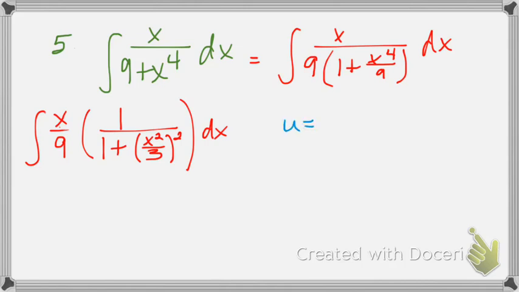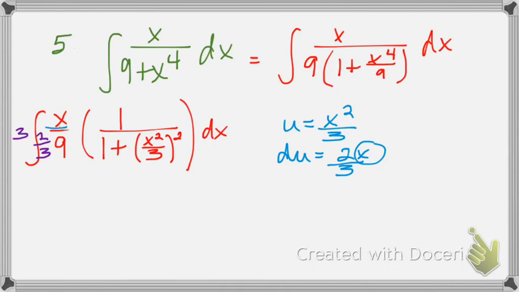We do that u substitution again. Here's where that x is important. You see that x there? Well, that's nice that that x is already there because you can't ever add in an x. So I do need to multiply by 2/3, which means I need a 3/2 on the outside. This 9 on the bottom is still there.